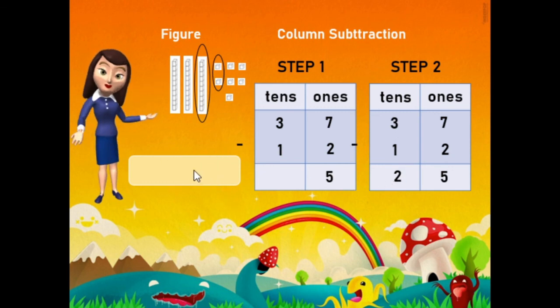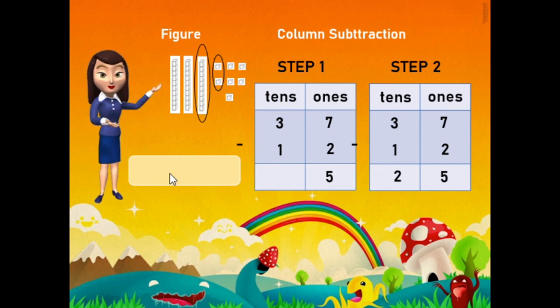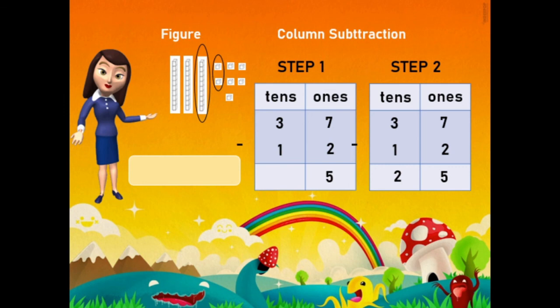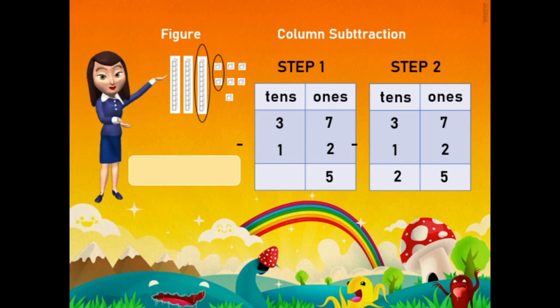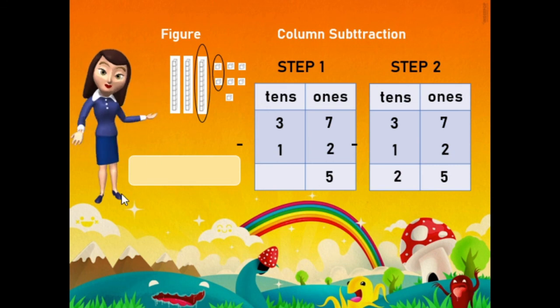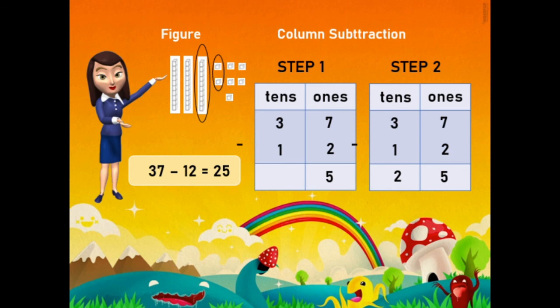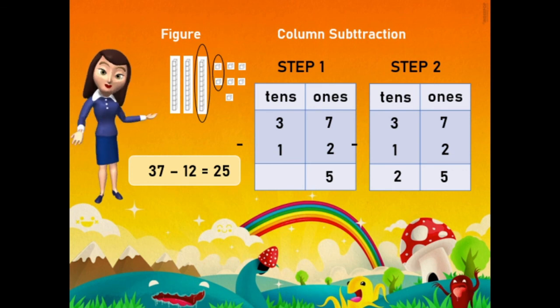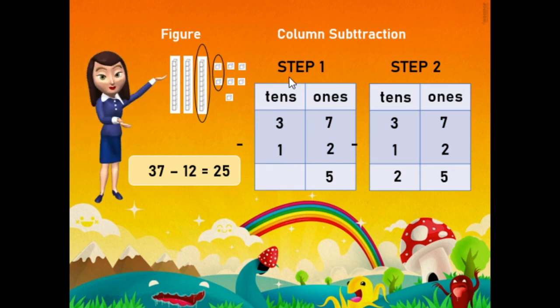There are 25 candies left. The answer is 37 minus 12 equals 25. Good job.